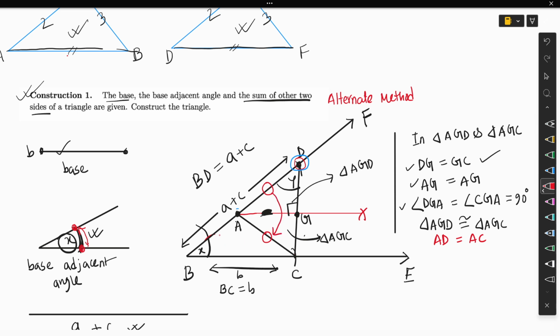So BD was the sum of two sides, which was AB plus AC, and this is one part, AB is one part, and this is another part. Okay, so here it is, we have to draw like this. This is our construction one.